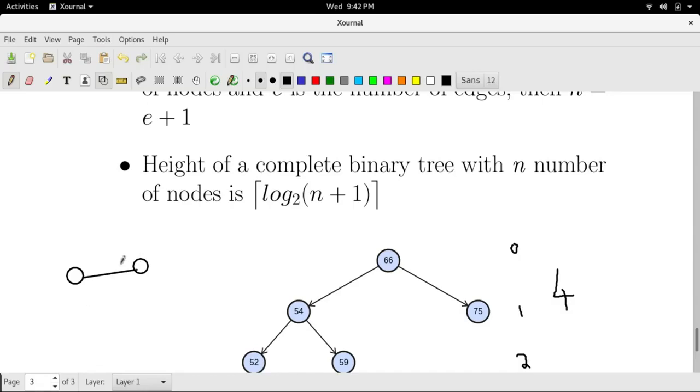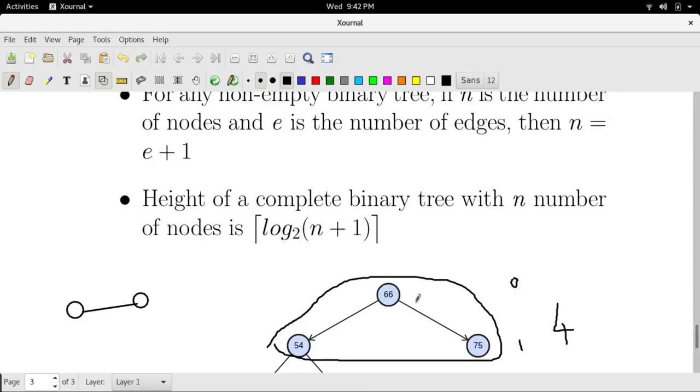So if you have 2 nodes, the number of edges is 1. If you take these 3 nodes, number of edges is 2. Or in general, number of nodes equal to number of edges plus 1, or number of edges equal to number of nodes minus 1.